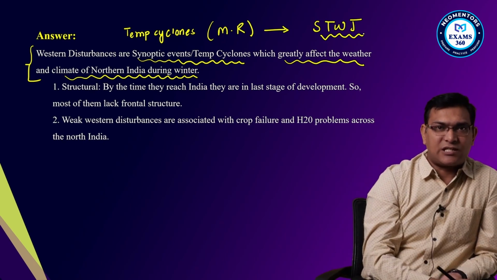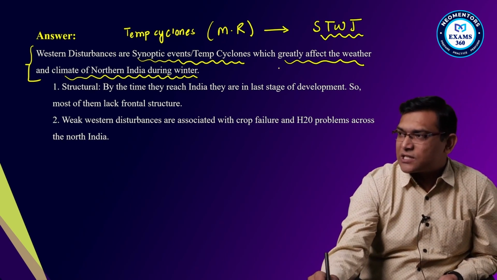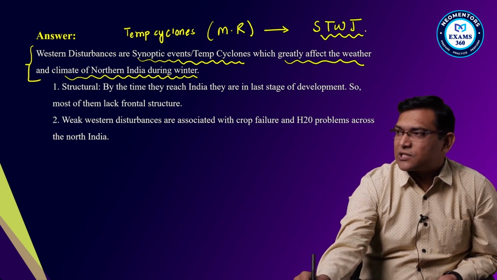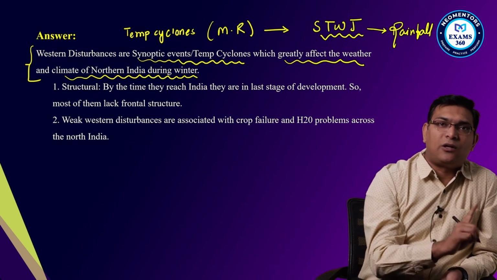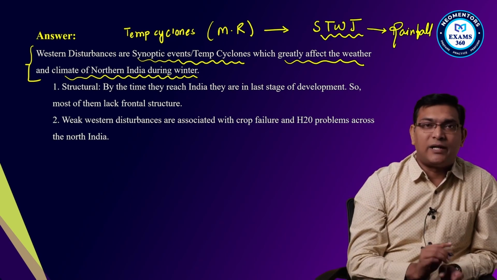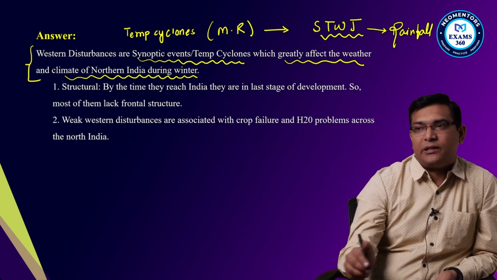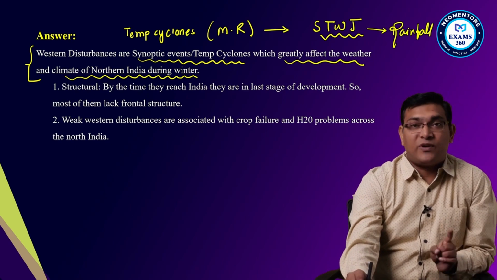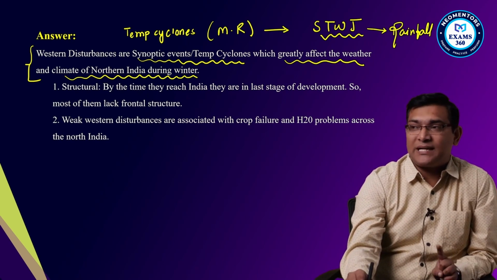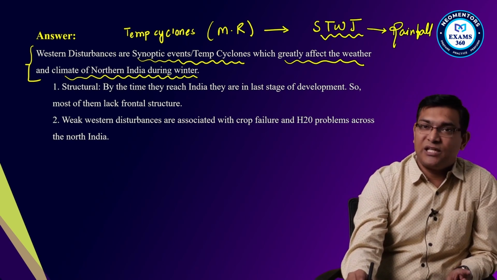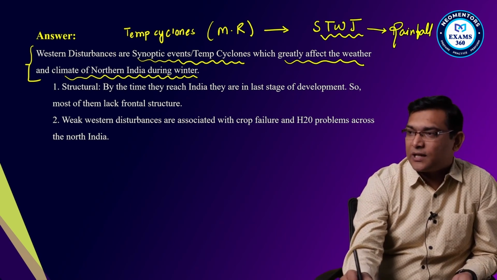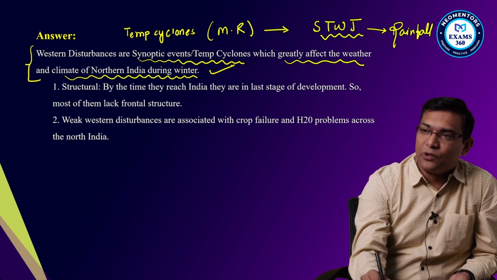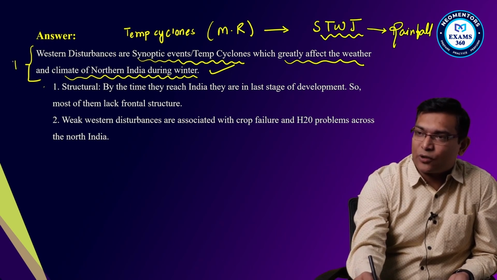These jet streams bring relief or rainfall in the northern part of India. So this is how to write the introduction: western disturbances are temperate cyclones which greatly affect the weather and climate of North India during the winter season. Now, this is the introduction part.